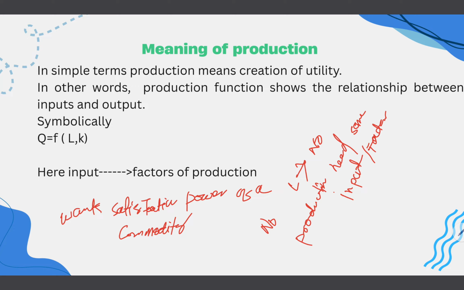Suppose I give you a chocolate, and you eat that. So that means that chocolate fulfills your want and you get satisfied. And if I give you only the wrapper, does that wrapper fulfill your want? No. So I can say that the chocolate wrapper doesn't have any utility.